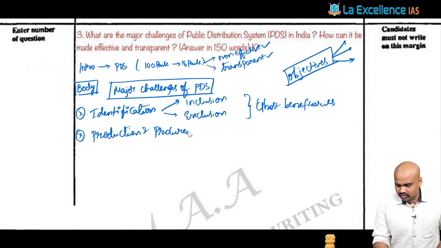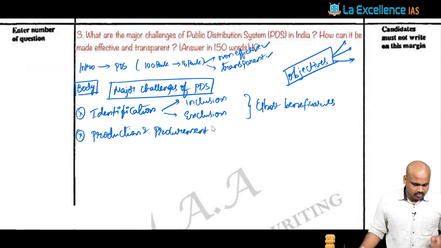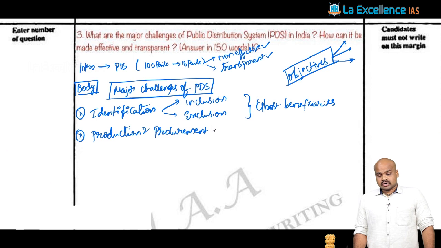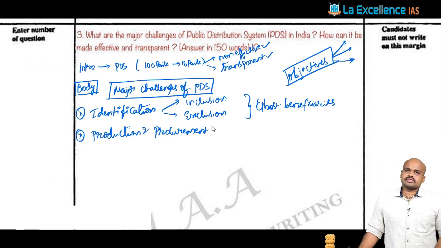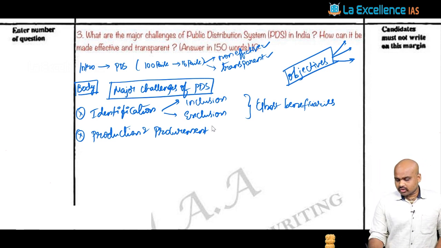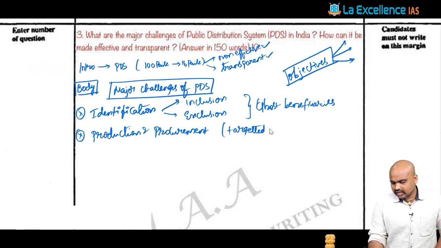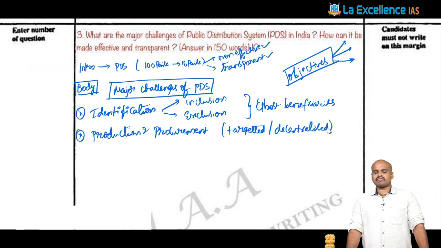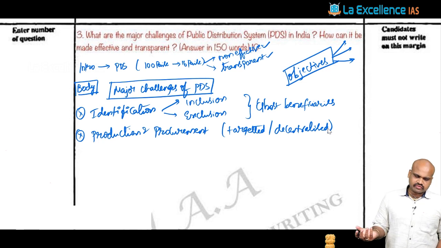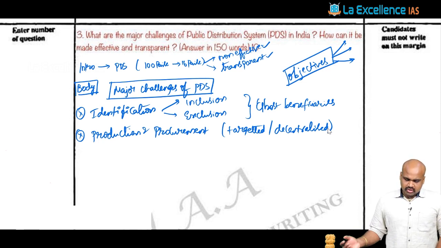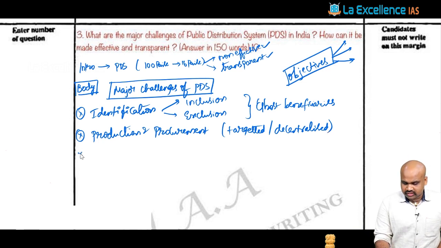When you talk about procurement, it is a kind of open procurement system rather than a targeted or decentralized system. And when we have such an open procurement system and do not have a decentralized system, automatically there is so much wastage present.